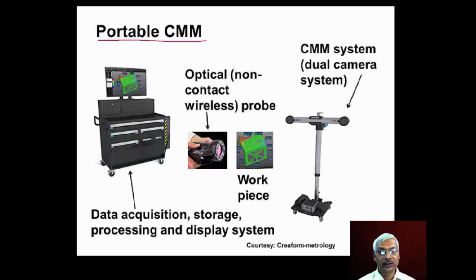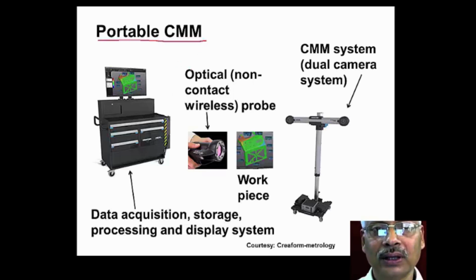We learnt that the coordinate measuring machine will be set up in the metrology lab, or if it is a shop floor CMM, it is moved to the shop floor and placed in the production line. The workpieces to be inspected are moved to the table of the CMM, and then inspection is carried out.